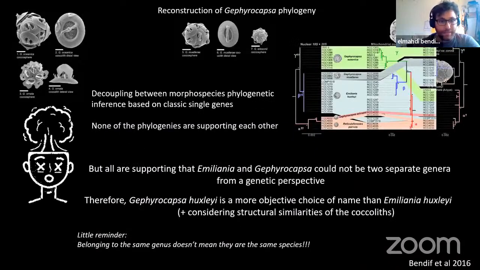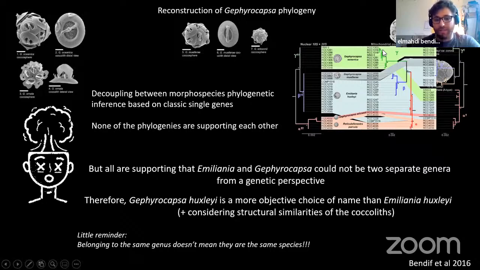But those results are quite interesting because none of those phylogenies are even supporting each other, and they are not supporting any morphospecies inference. But they are all supporting that Emiliania and Gephyrocapsa could not be two separate genera from a genetic perspective.